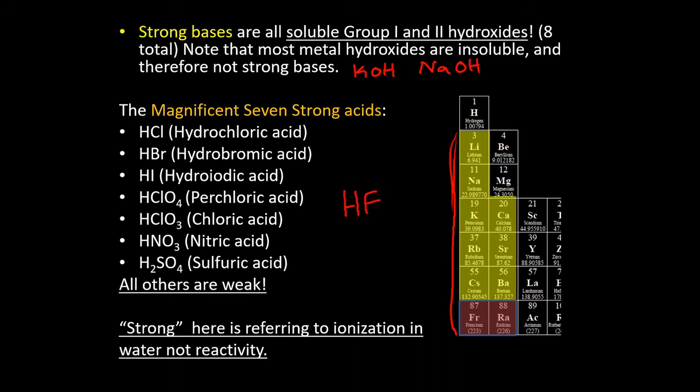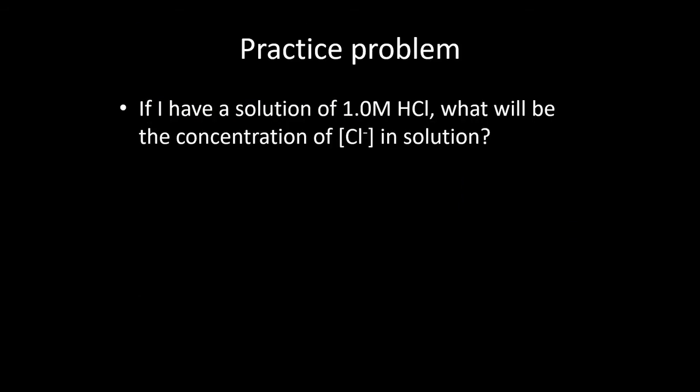All I am saying is that if you put it in water, it doesn't completely ionize. Now, for our purposes here in this class, you do not have to have these memorized. If you were in my Gen Chem 1 class, I would have you memorize them, but we're not going to do that in this one. But I did want to point them out so you could recognize them if you needed to.